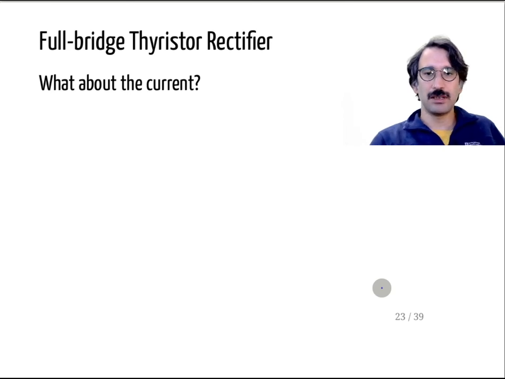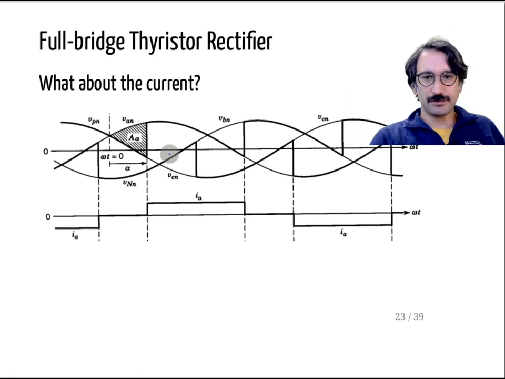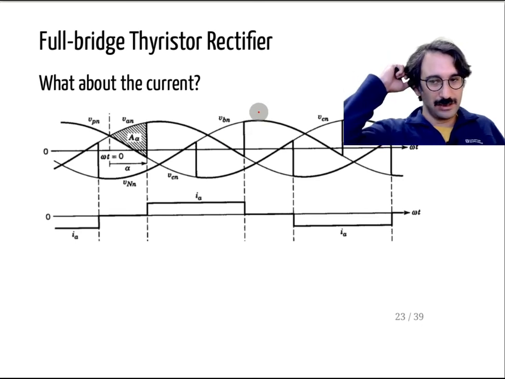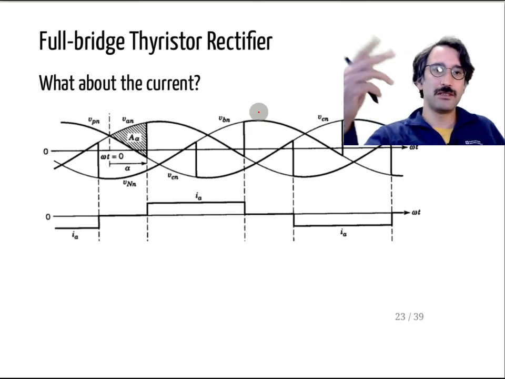So let's have a look at the current. If you look at the case here, there are 6 different possibilities for each phase.